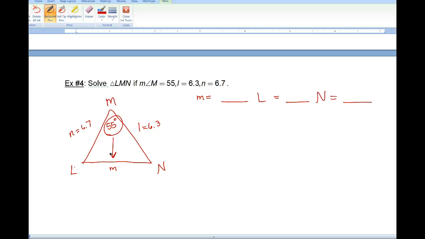In law of sines you have to know this side, but in law of cosines we're either solving for the missing angle directly across from the side, or solving for the side directly across from the angle. So M is like our C squared equals A squared plus B squared minus 2ab cosine C, so it's going to be 6.3 squared plus 6.7 squared minus 2.